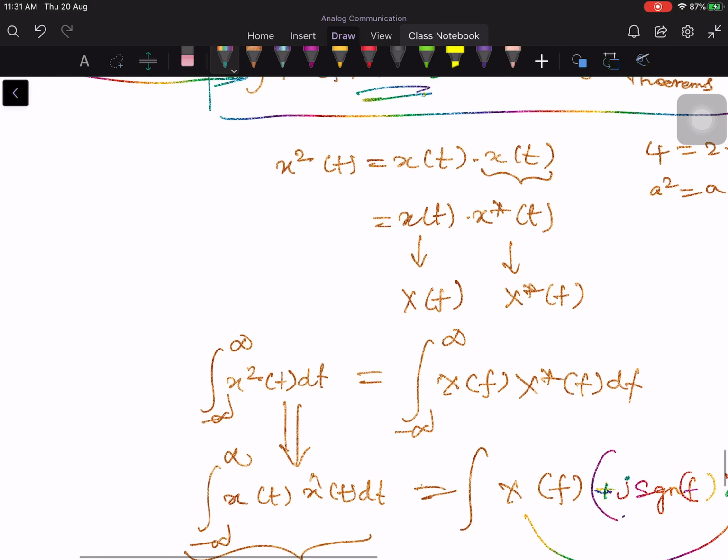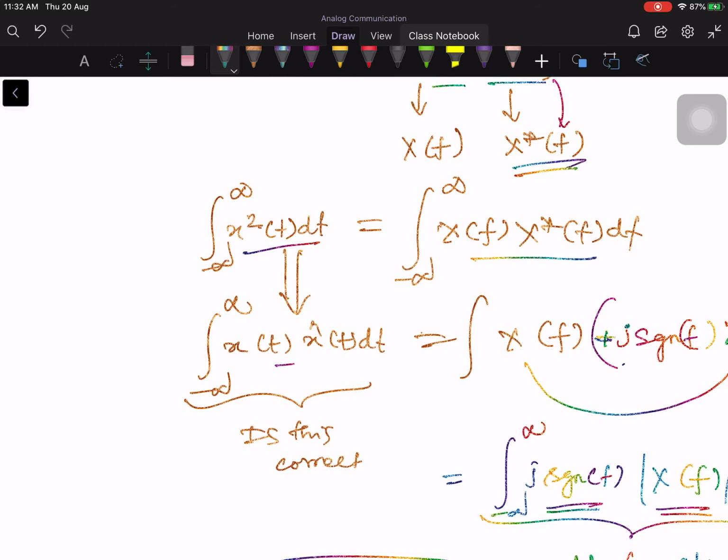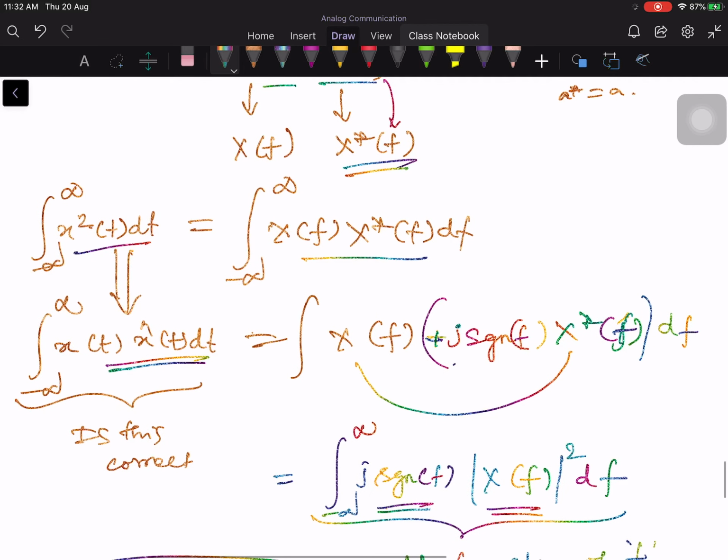Okay, x square of t I can write like this, x of t into x star of t. If you have x star of t, then in the frequency domain it is x conjugate of f. In the time domain x of t into x of t I can write like this. And in case you have the Hilbert transform of x, then in the frequency domain also you have to take the Hilbert transform. That Hilbert transform is like this, j times signum of f times x conjugate of f.